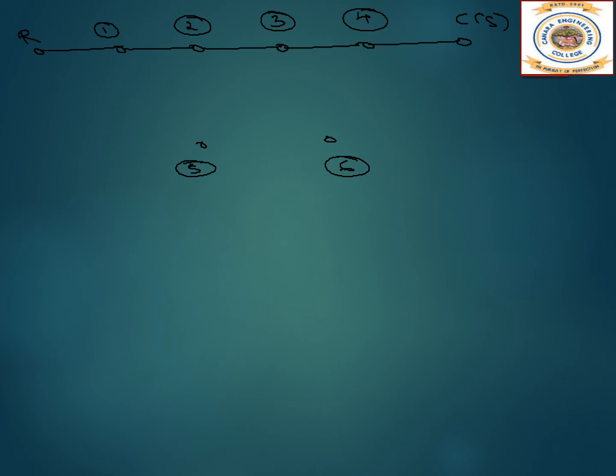So 1 to 2 we have the loop gain G1. 2 to 3 we have the gain G2, not loop gain, sorry, forward path gain, it is G1. Then 3 to 4 we have G3. Now let us connect the other things.